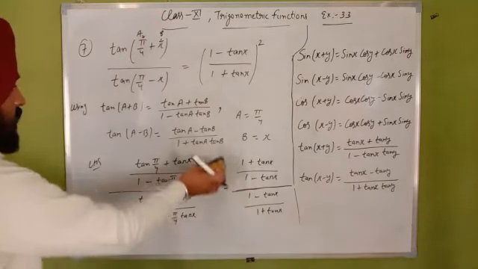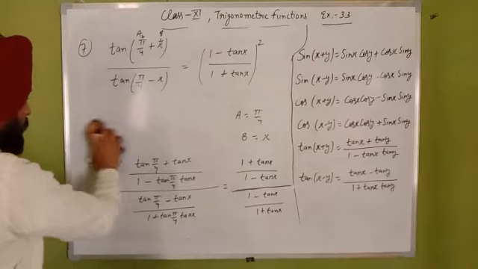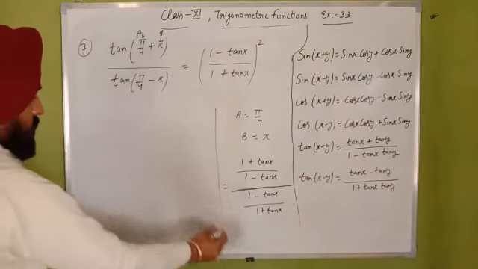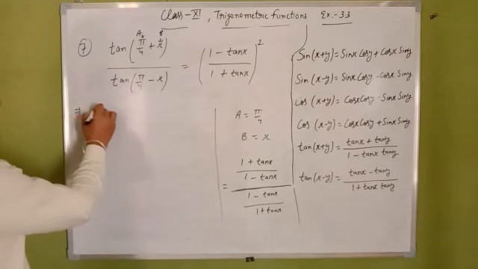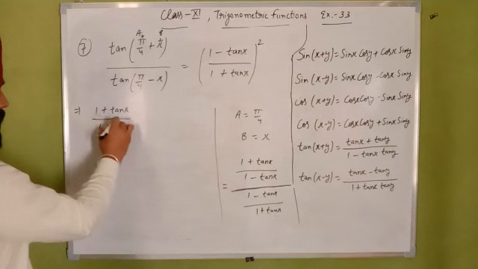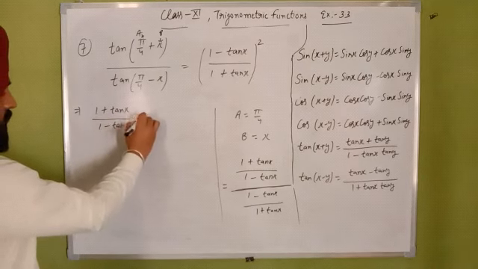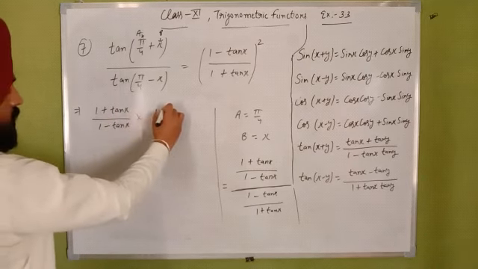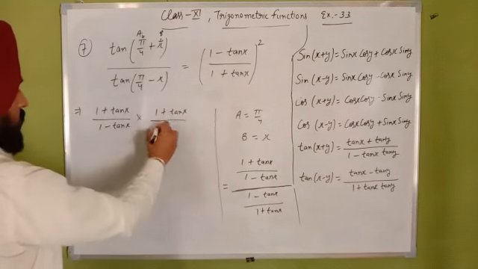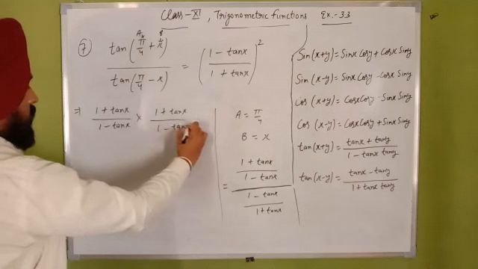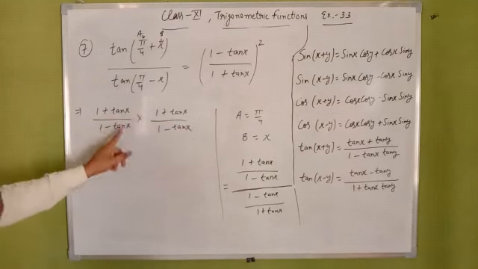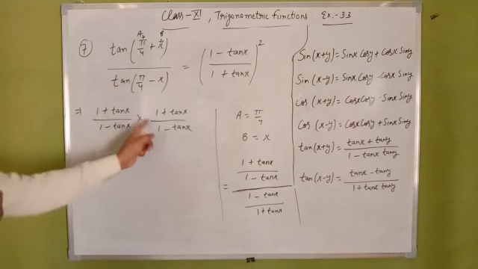So further we can write it as (1 + tan x) upon (1 - tan x) multiplied by the reciprocal of the denominator, multiplied by the numerator, (1 - tan x)... Now you can observe here both numerators are equal, denominators are also equal, and they are under multiplication.